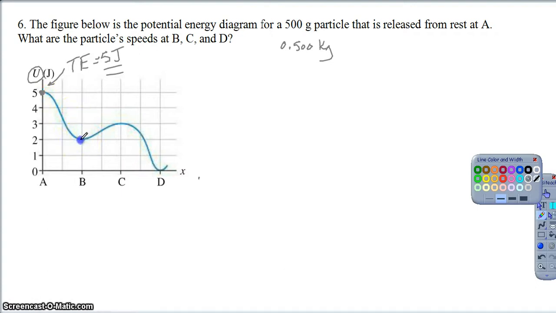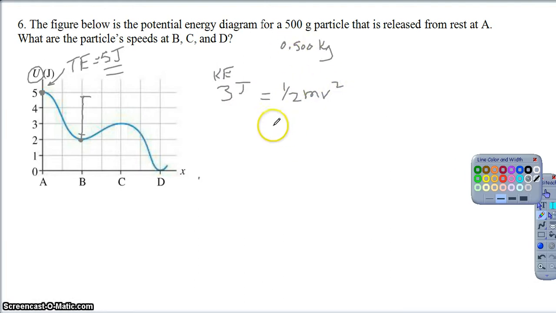Because at point B, if I want to find the speed, I'm going to use kinetic energy to help me out. It started with 5 joules of energy. It now has just 2 joules left for potential energy. So the remaining 3 joules are its kinetic energy. Once I know how much kinetic energy it has, I can just do 1/2 mass times velocity squared.